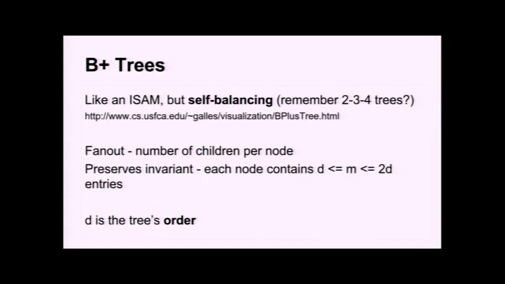If we exceed these bounds, then we have an algorithm that splits nodes or combines them. Of course, we can tinker with this behavior in a real system to optimize for certain things, but in this class, we're going to define D as the order of the tree, as an invariant for that tree. Any other questions?